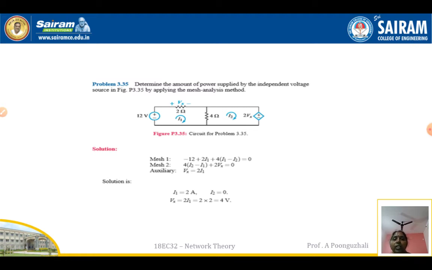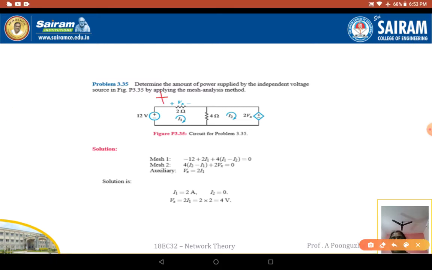So now current is flowing like this. We will assume that this is your plus, this is your minus, this is plus, this is minus. For your loops, first you name the nodes. So here A, this is going to be B, this is C, this is your D, this is your E, this is your F. So we are going to take A, B, E, F, A, the first loop.